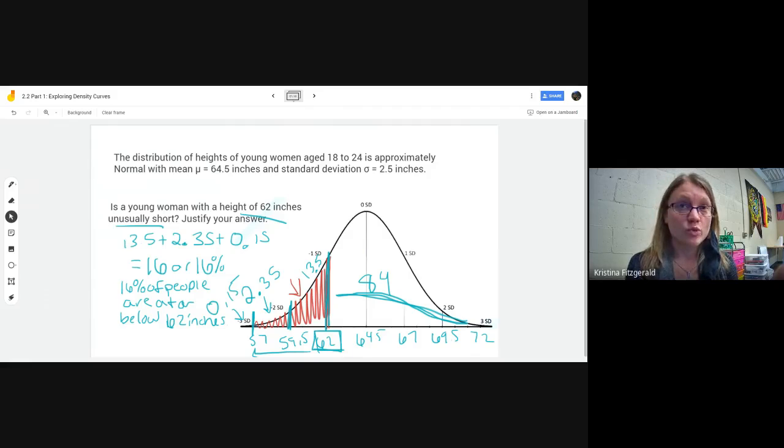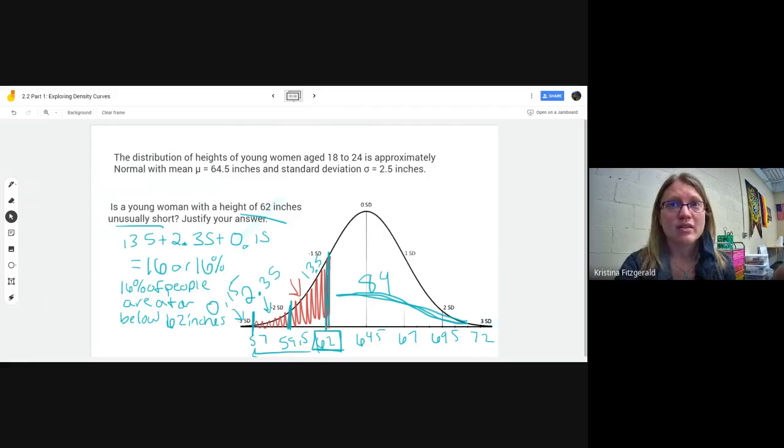Now, in terms of super unusually short, that would be somebody down here, in the real tiny area. Unusually short would be real short, down here, but she's also not very tall. I am 62 inches tall. But anyway, that's what we did today.